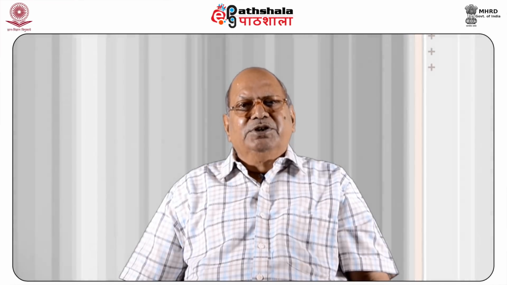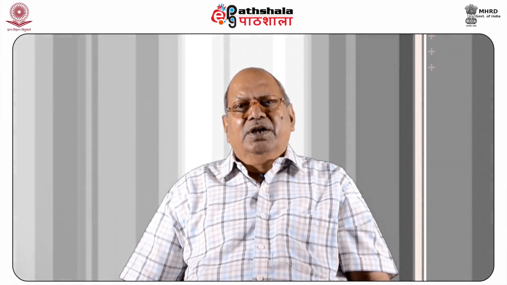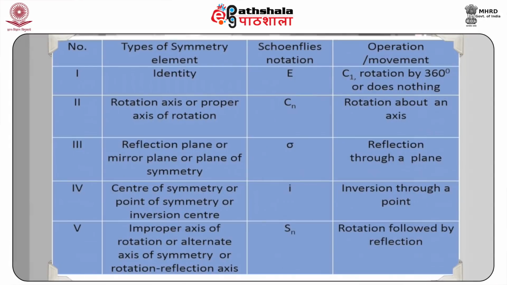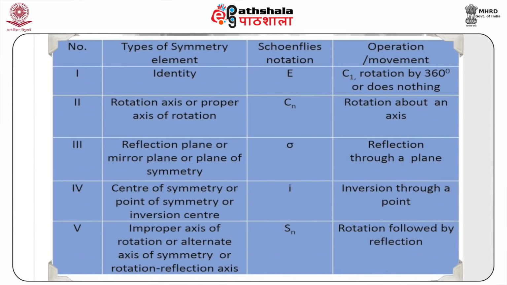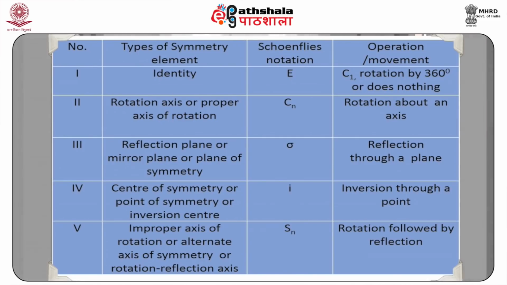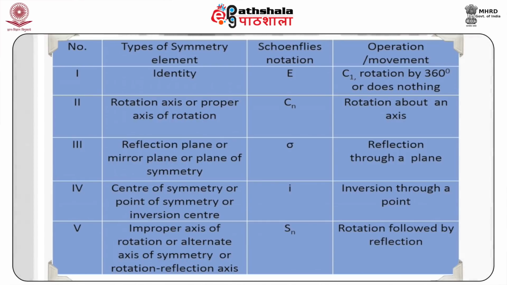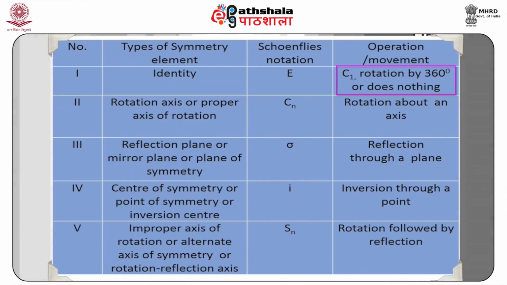The types of symmetry elements that may commonly be present or observed in molecules have been summarized. The first symmetry element is the identity symmetry element. Its symbol is E and the operation is C1, rotation by 360 degrees, or you can say do not do anything.